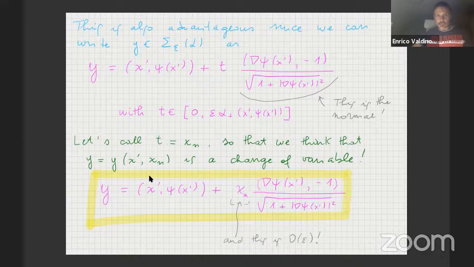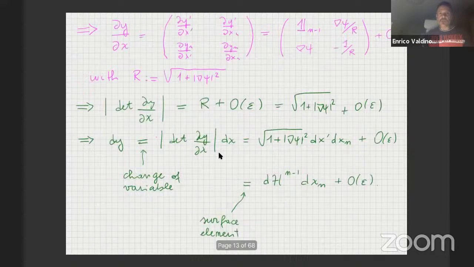Actually, the first order is independent of x_n, and then x_n is of order epsilon because I know that t is in between 0 and epsilon alpha. So when I compute the determinant of the Jacobian transformation linking y to x, this is kind of easy because I call R the radical of 1 plus the gradient of psi squared.